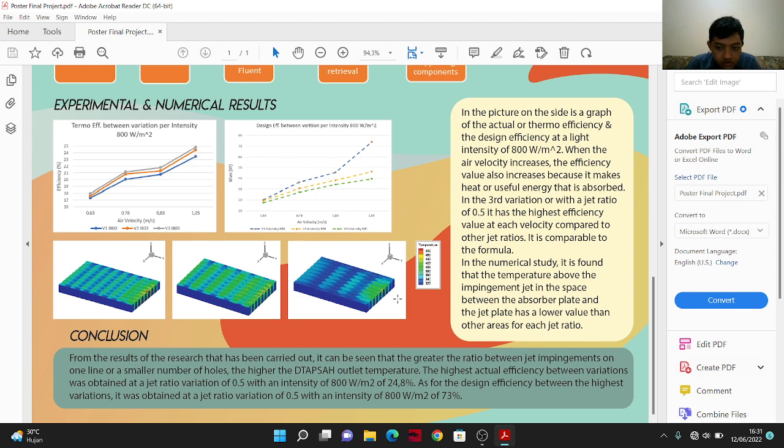The highest actual efficiency between variations was obtained at a jet ratio of 0.5 with an intensity of 800 watt per square meter, at 24.08%. As for the design efficiency, the highest was obtained at a jet ratio of 0.5 with an intensity of 800 watt per square meter, at 73%.